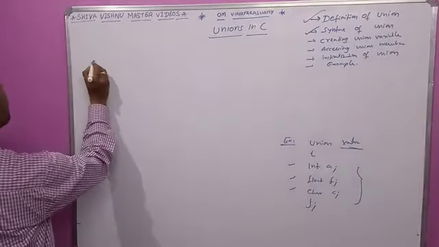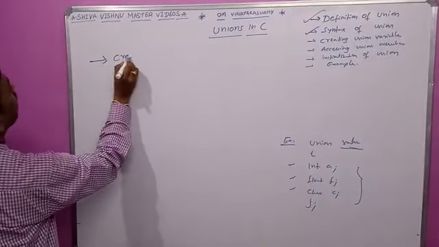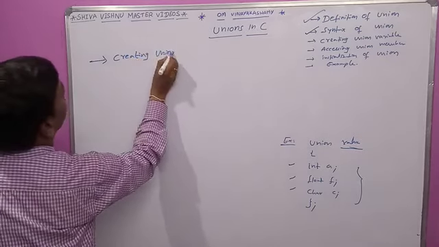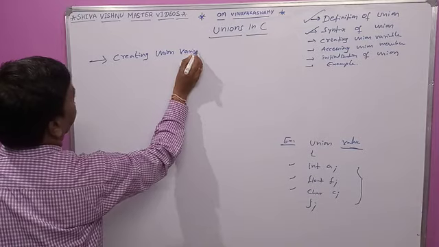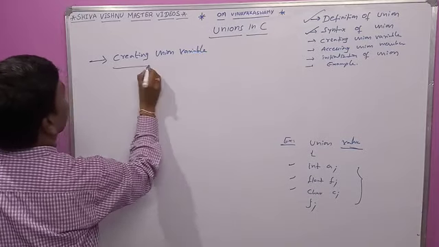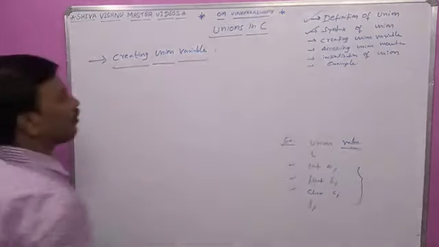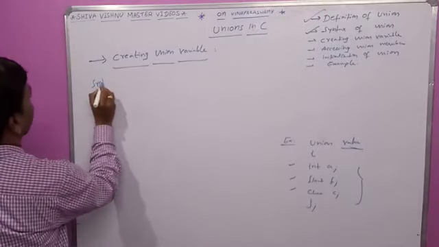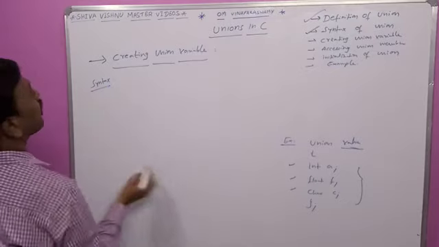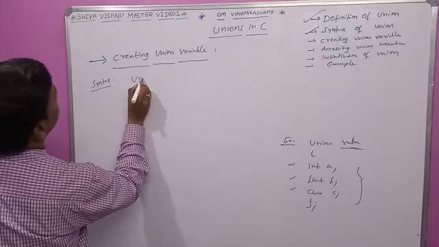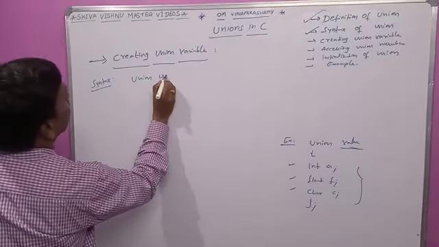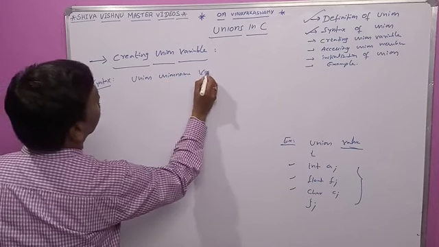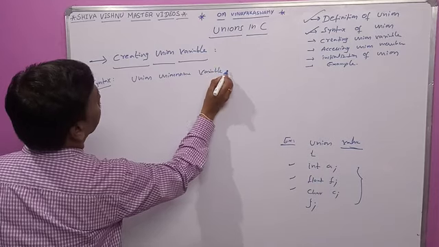Creating union variable. Here you can see the syntax: union name variable, semicolon.